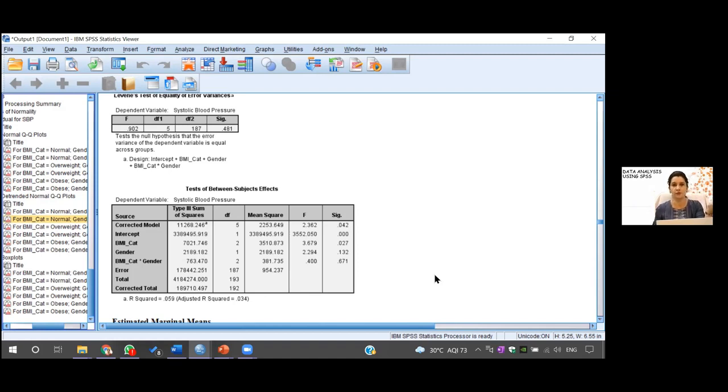That's a homework for you. Do it by one-way ANOVA and by two-way ANOVA, and then see the mean value. It will not be the same, because the mean it is reporting is the estimated marginal mean, and this estimated marginal mean is the combination of both the variables.